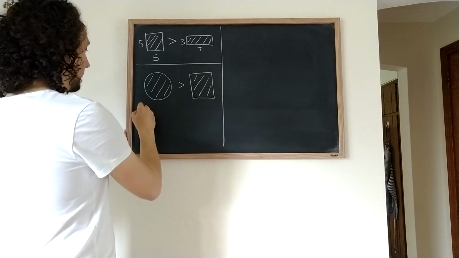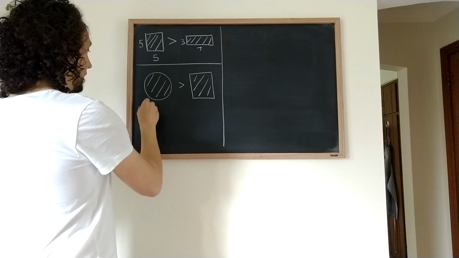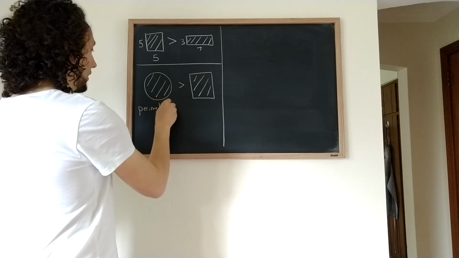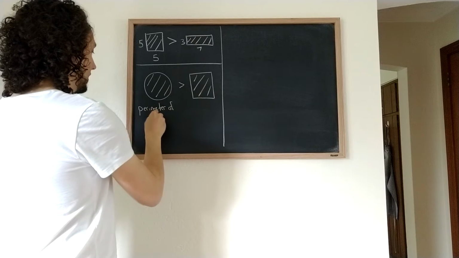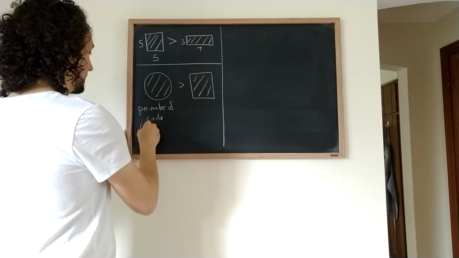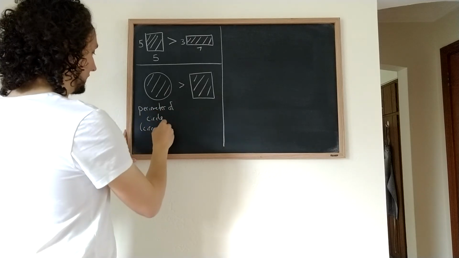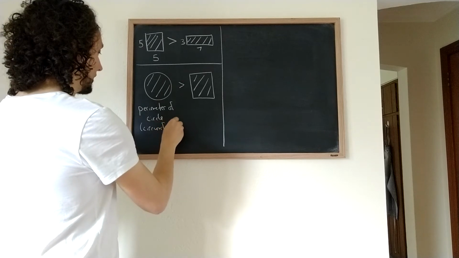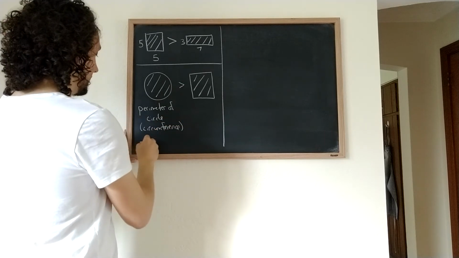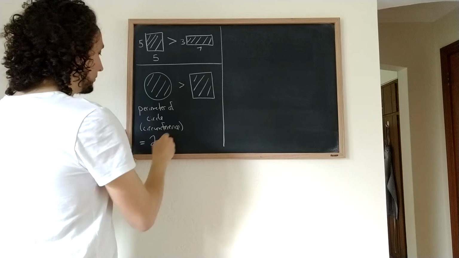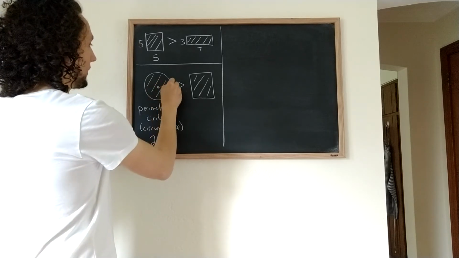So the perimeter of a circle, which is also called its circumference, is equal to 2 pi r, where r is the radius of the circle.